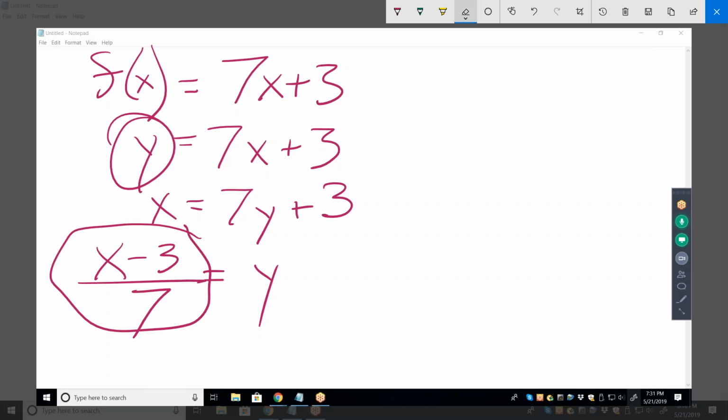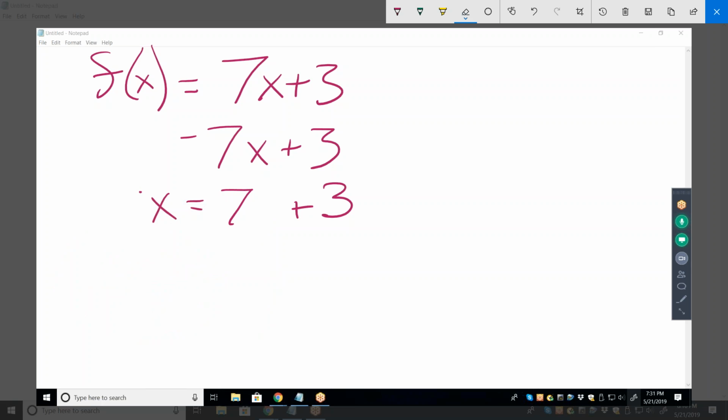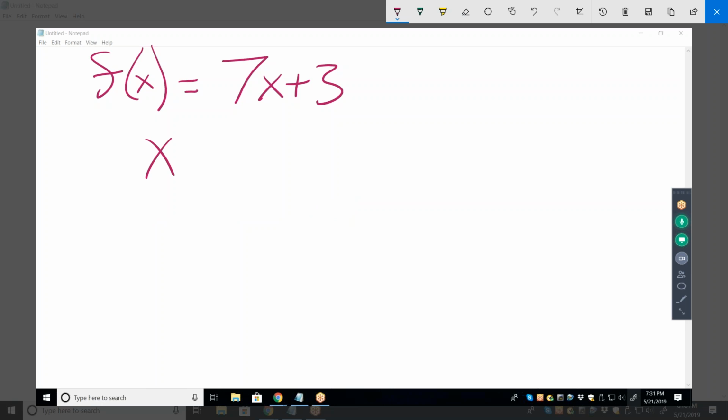Now, if I didn't want to switch the variables, there is another way that maybe is a little better to do this, because I hate having a y that means two different things. So instead of switching the variables, I'm going to call it f inverse. My first step would be this: x equals 7 times f inverse of x plus 3.